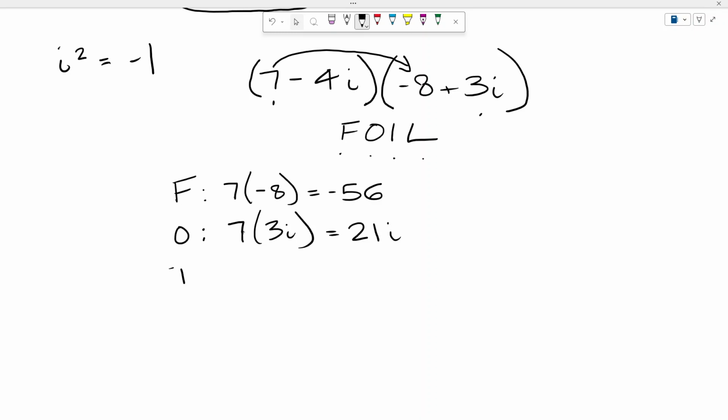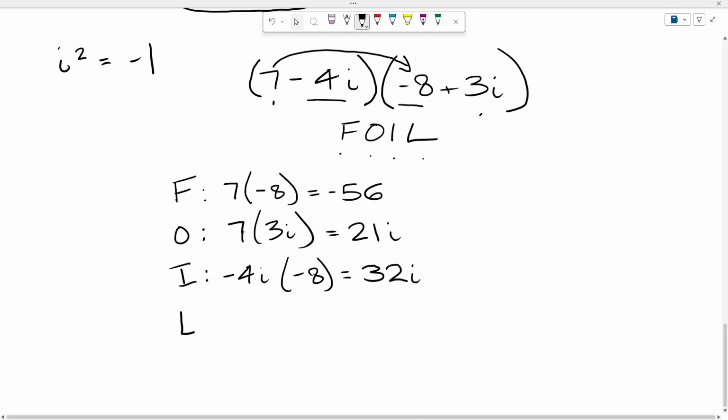And then the I part, which is inner, so the inner terms. So we're taking -4i times -8. And we're taking negative times negative, so we'll end up with a positive. So we have 32i. And then our L, which is the last terms.